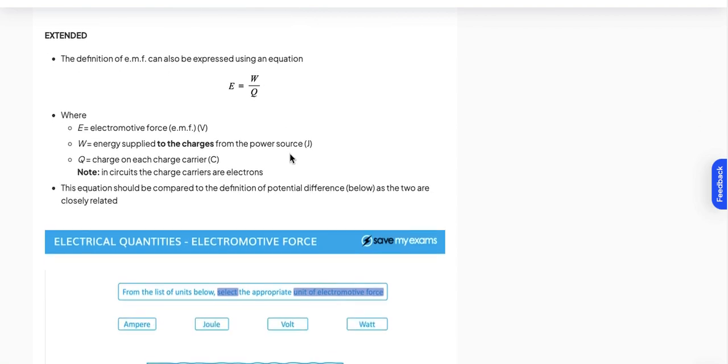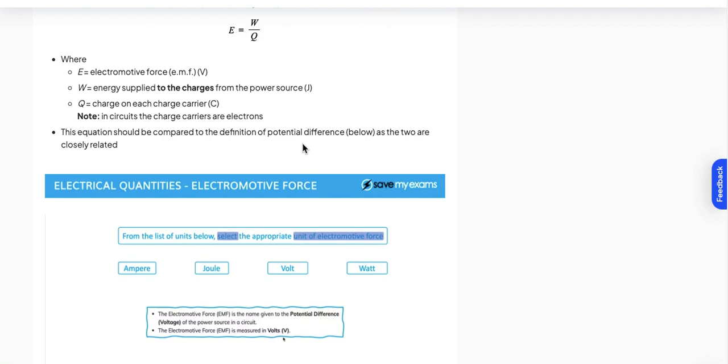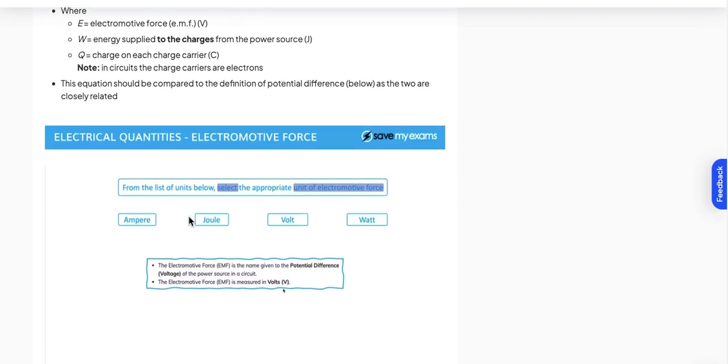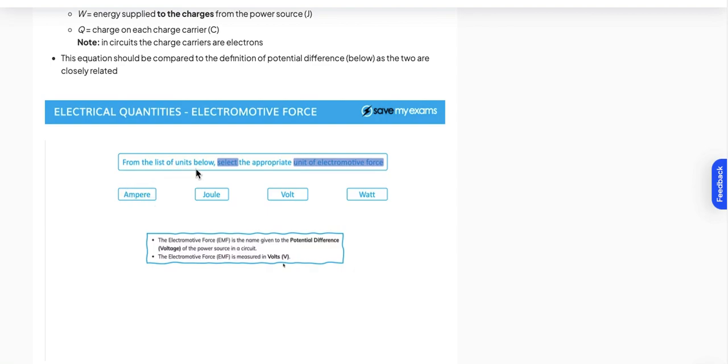Now here is a basic question that they can easily ask you to throw you off balance, to see whether you know exactly what you're doing. From the list of units below, select the appropriate unit of electromotive force.